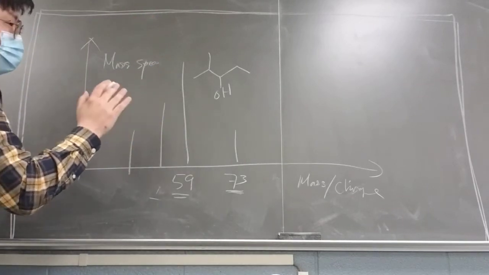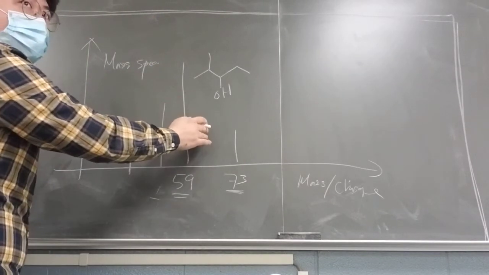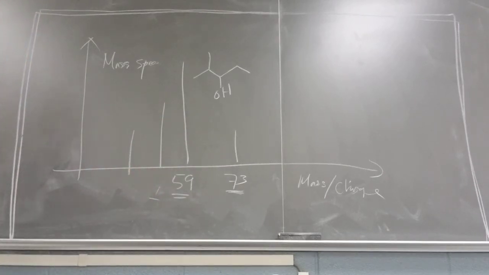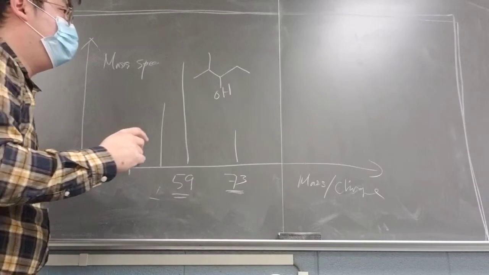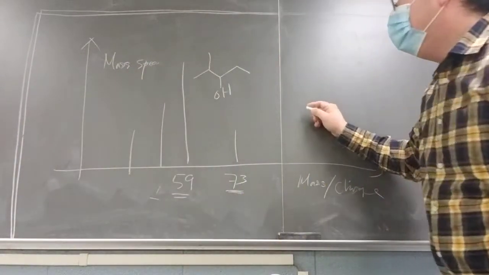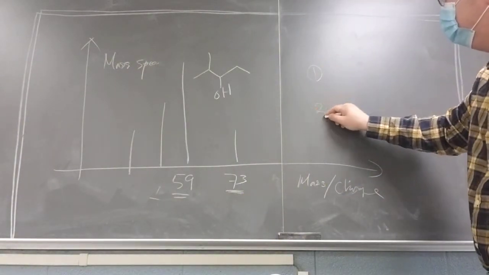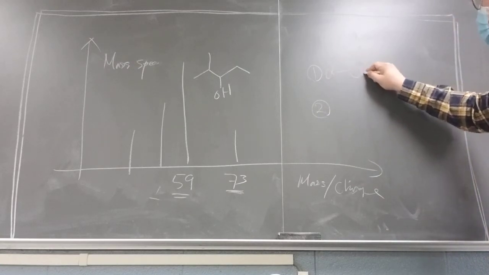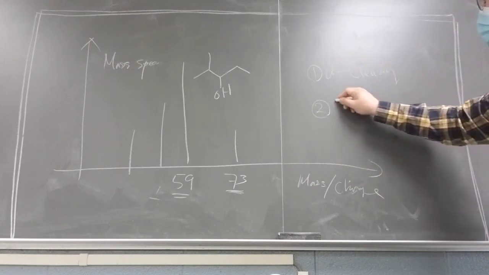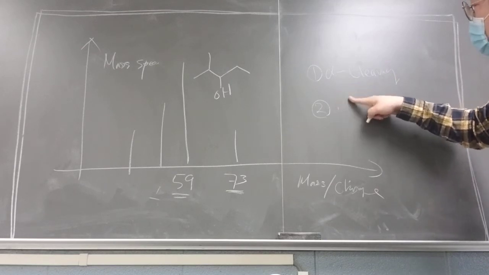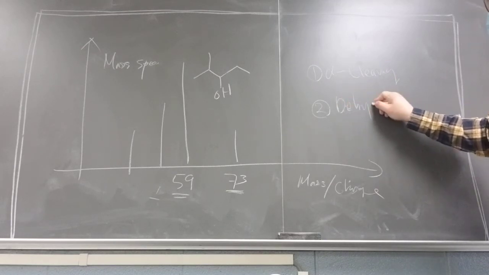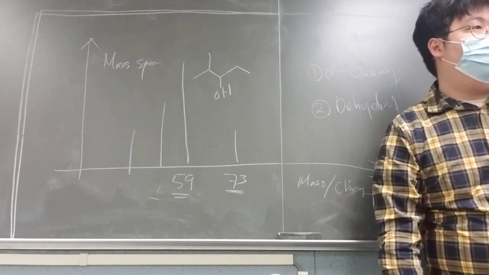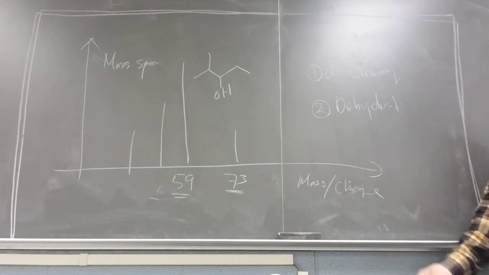The positive charge is the one caught in the detector, and we find those numbers on the graph. So I'll ask you in the exam whether it was alpha cleavage or dehydration. You need to look at the graph and find out which case we have for this compound.